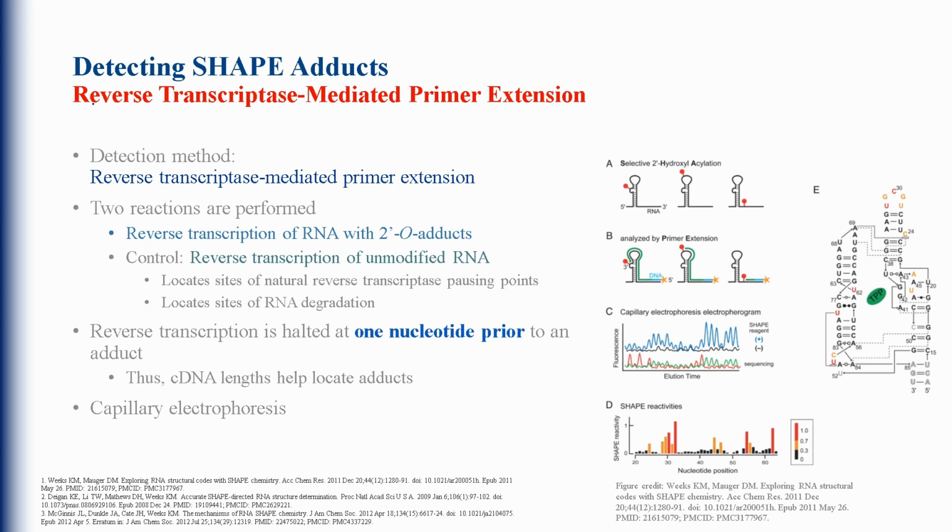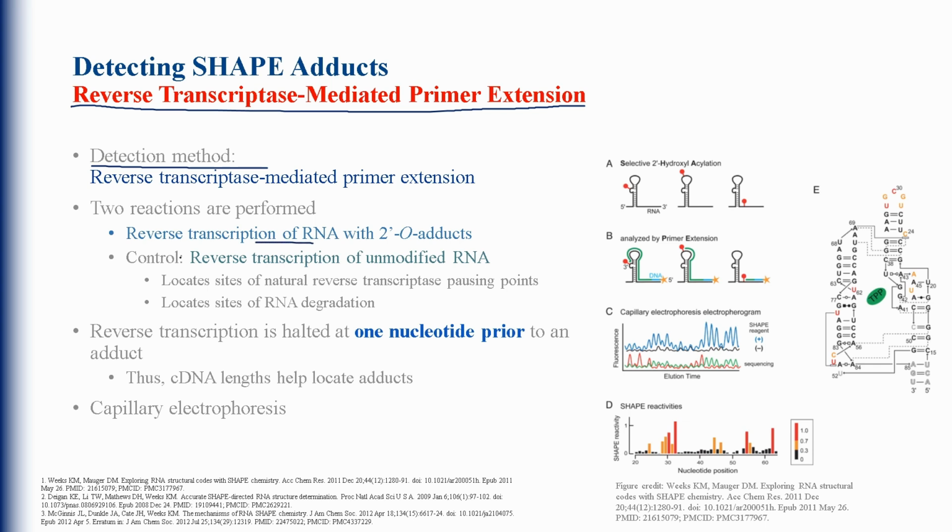So reverse transcriptase mediated primer extension, as you can see in the name of this slide, is the way in which we detect the locations of the 2' oxygen adducts. So what we do is we perform reverse transcription of the RNA with the 2' oxygen adducts. This is the RNA that has been modified and has been introduced to SHAPE reagents.